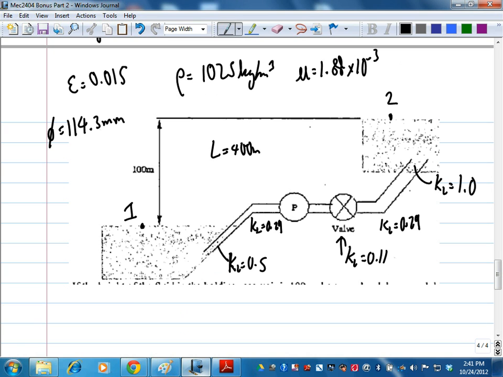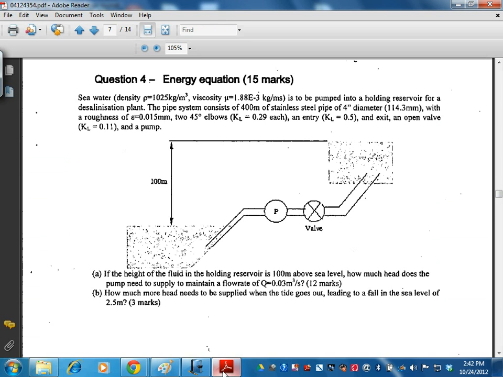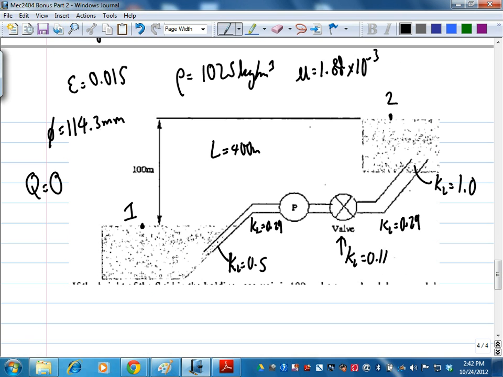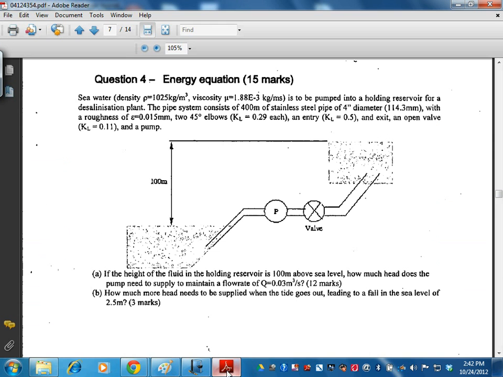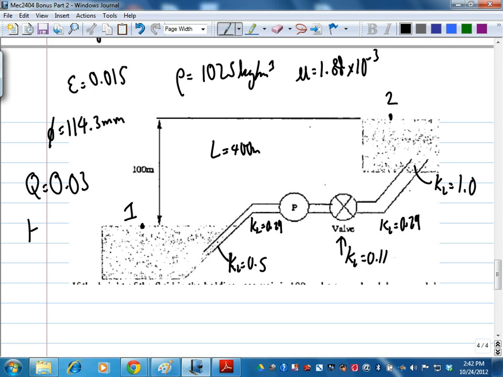What about the flow rate again? So flow rate 0.03. Then you find H pump.